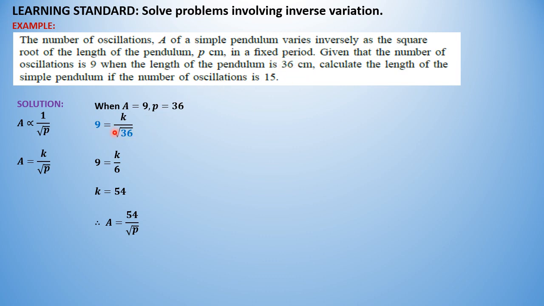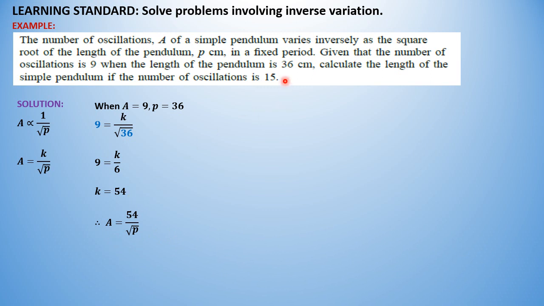So you just substitute inside here, and then you calculate, you get 54 for the value of K. So you write the equation. A equal to 54 over square root of P. Okay, like this. This one K changes to 54. So your equation is like this.